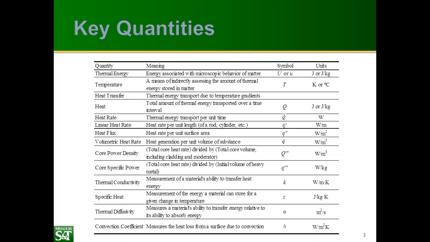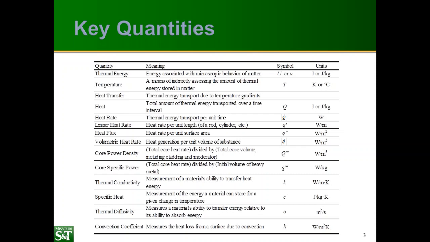Heat transfer then is the transport of thermal energy due to changes in temperature. So you have to have a temperature difference to have heat transfer, and anytime you have a temperature difference, you will have heat transfer. You also have heat. Heat is the total amount of thermal energy transport. Again, it's in joules, or joules per kilogram on a per mass basis. Heat rate is the thermal energy transport per unit time.